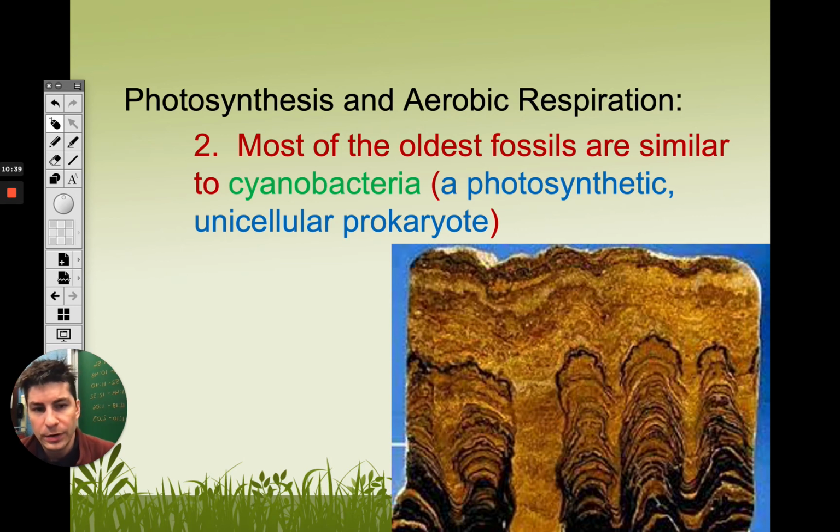Our early prokaryotic, photosynthetic, unicellular organisms were called cyanobacteria. All right, cyanobacteria is still here today. Now, it was a little bit different, obviously, 3 billion years ago, but it really closely resembles cyanobacteria today. So cyanobacteria: photosynthetic, unicellular, prokaryote, all right, and that was our first photosynthesizer.